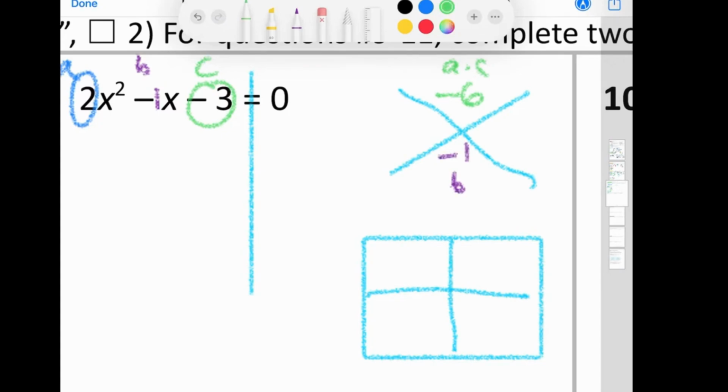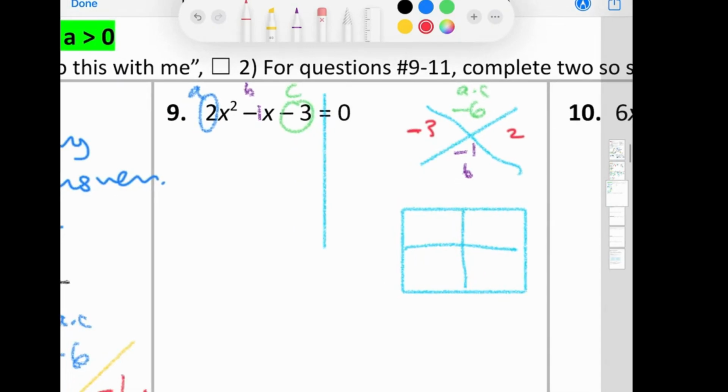What are my two numbers? 3 and 2. -3 times +2 equals -6. -3 plus 2 equals -1. So this one will always be these two terms here, and that goes in the bottom left always, top right always.